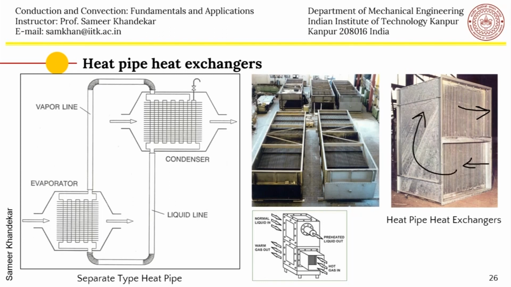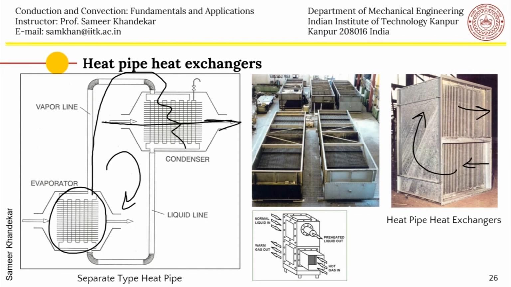They may or may not use any wick, but with gravity action, since the gravity is working in this direction, the vapor goes up and the liquid comes down, and these are like thermosiphons. So large heat pipe heat exchangers can be made by thermosiphon action, the way it has been shown here, or they can also use wicked heat pipes, cylindrical heat pipes.